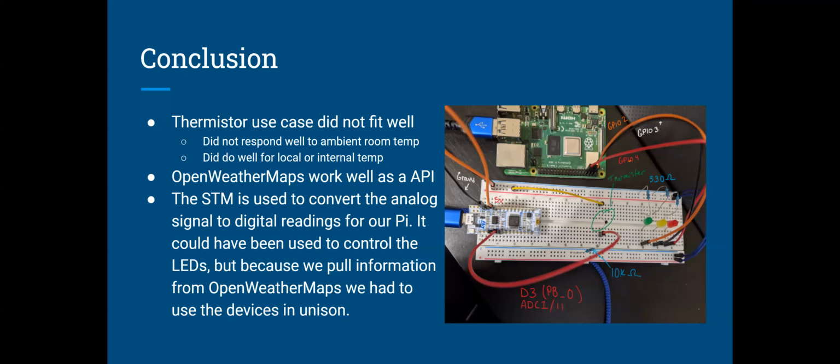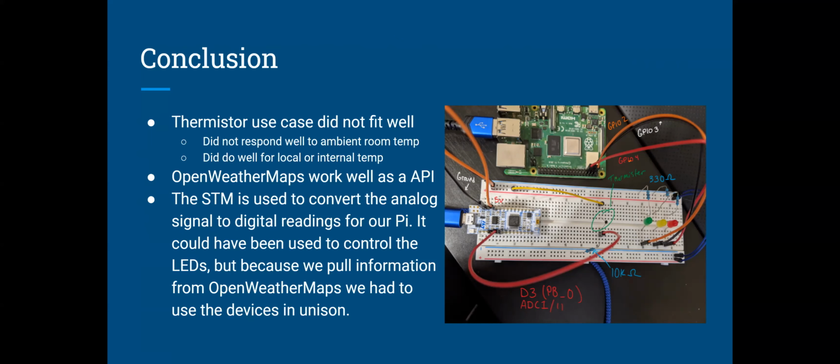And then in conclusion, the thermistor we used, we found out wasn't really meant for our case. It did not do well for ambient room temperature, but we figured that's because it's best used for internal temperatures where the temps are kind of an extreme case.